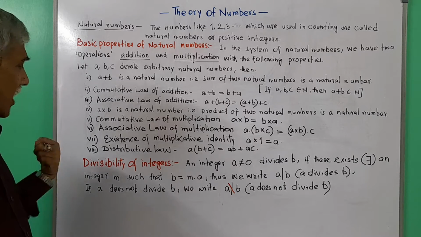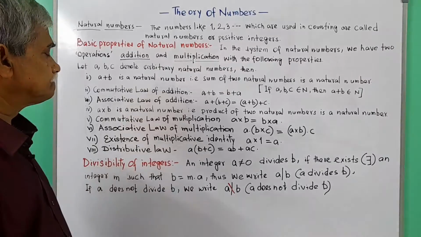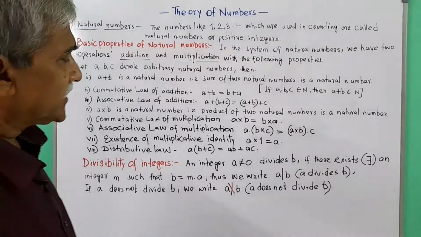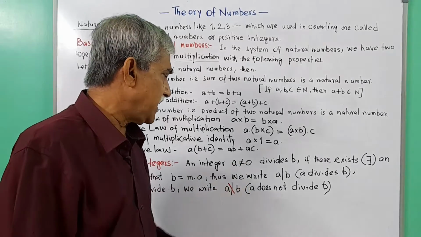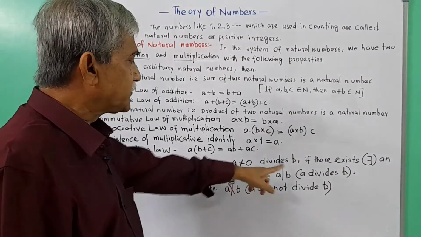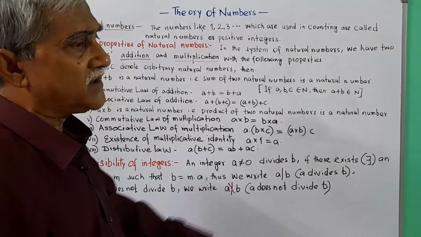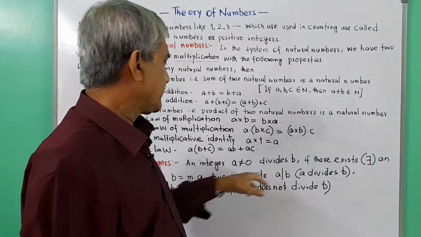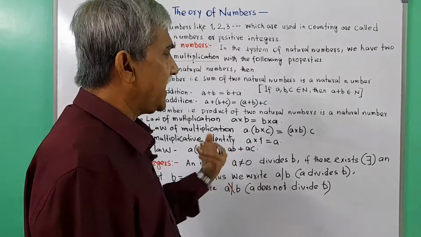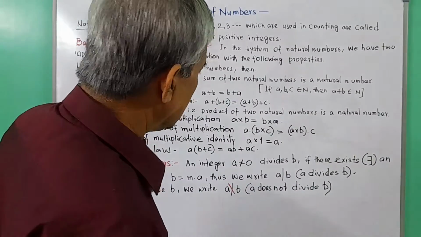Now, divisibility of integers. An integer A not equal to 0. 0 is an integer, but we cannot take A equal to 0, because you cannot divide something by 0. So you are dividing B by A, where A is not equal to 0.